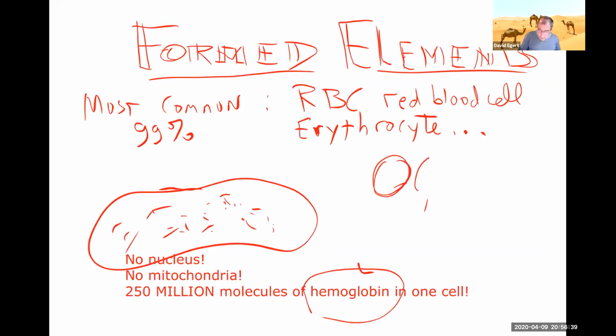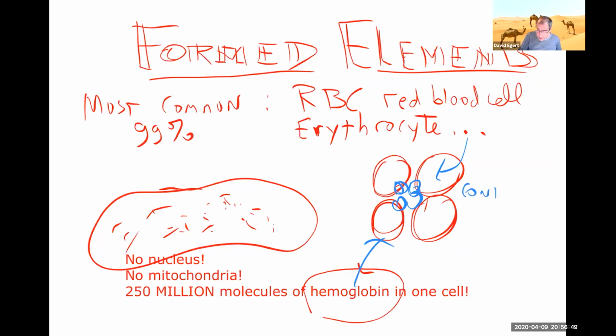It's actually got multiple parts. It's got this little heme group. So this is my hemoglobin. One, it contains iron. So you have to have iron to make hemoglobin. And each hemoglobin can bind 4 oxygen molecules.